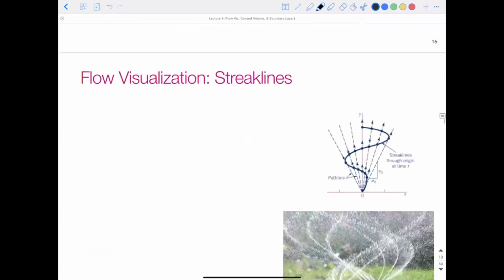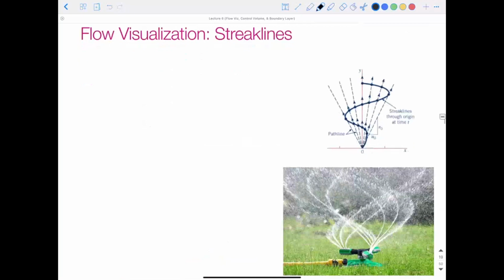So after path lines, we have streak lines. Now, streak lines are probably the ones that we're the most familiar with visually because a lot of fluid flows, like the sprinkler, for example, tend to leave behind streak lines. So think of streak lines as if a source is leaving a constant stream of fluid or constant stream of particles, and we can see that constant stream as it changes through time.